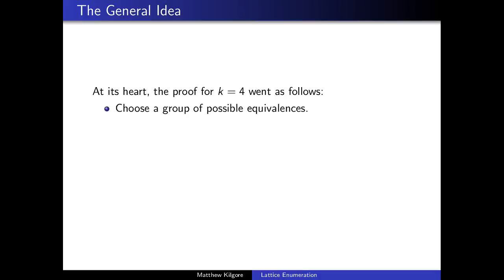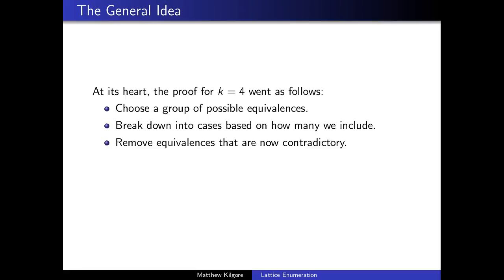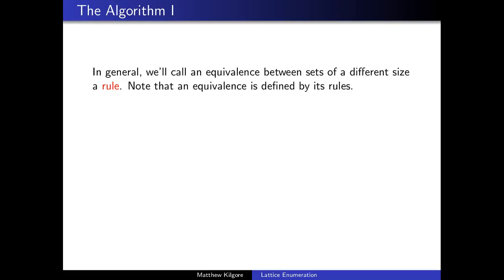We chose a group of possible equivalences, broke it down into cases based on how many we would include, eliminated any rules that contradicted these choices, or for that matter, any that were immediately implied. We then chose another group of possible equivalences, and so on. That led to the following algorithm.